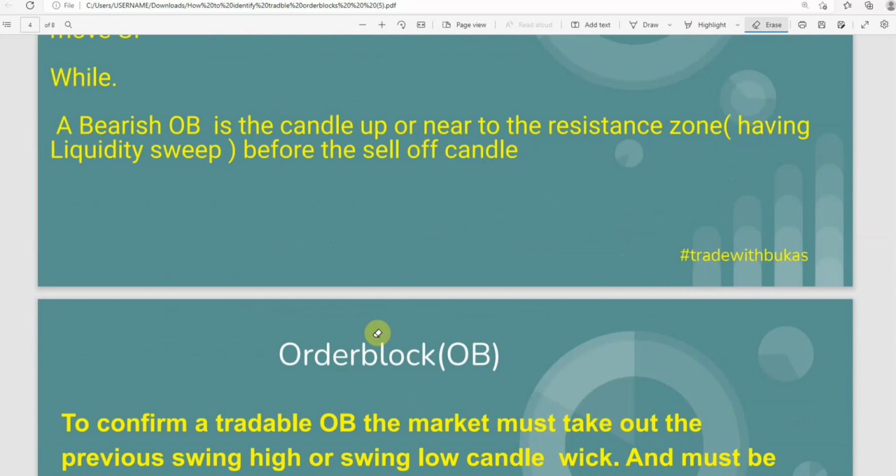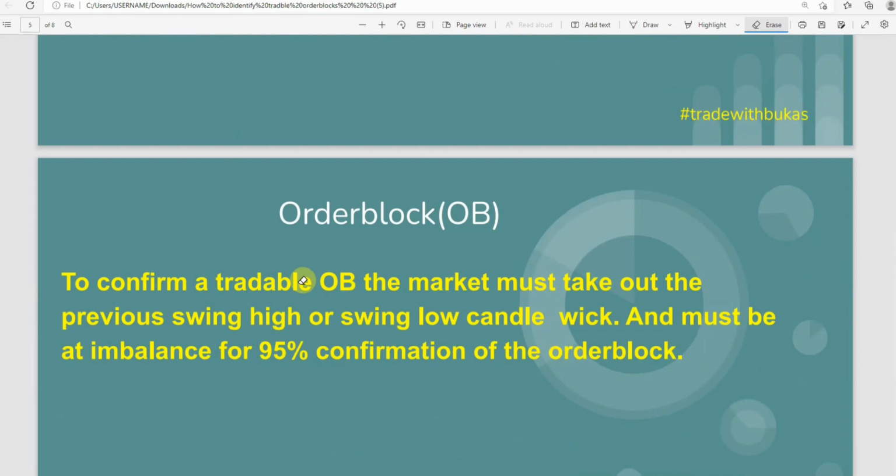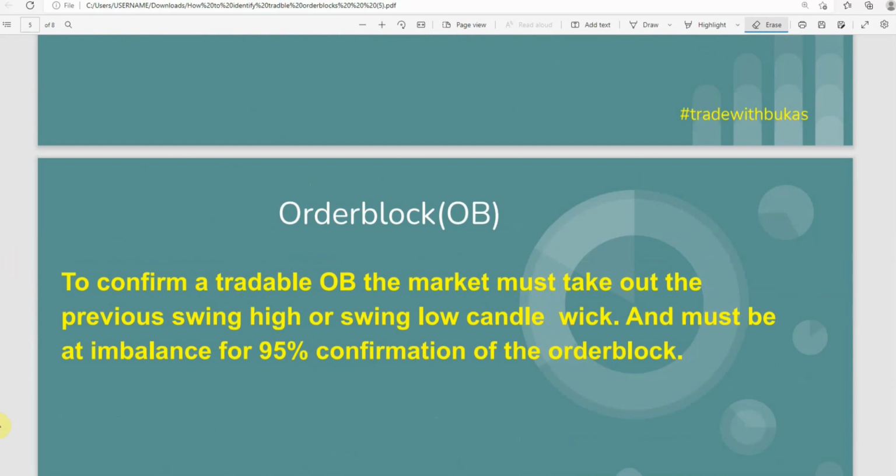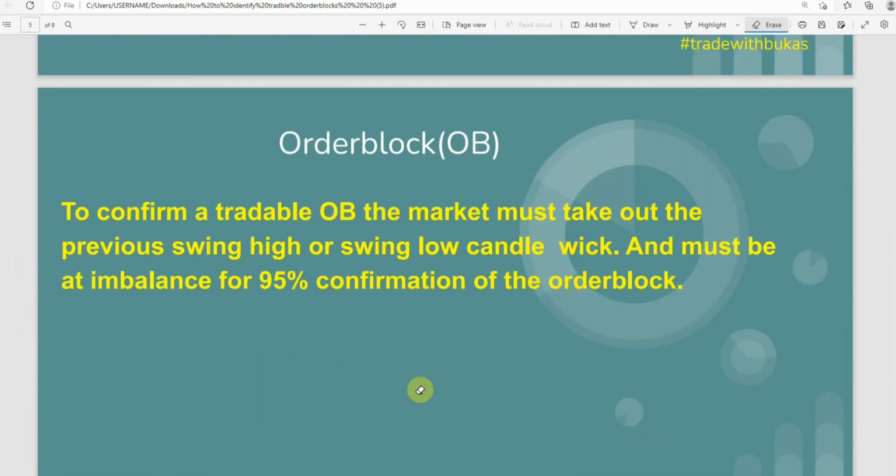It must be at a resistance level or at a supply level and must have a liquidity sweep before the sell-off candle. That is where you determine that this is a tradable order block. The second one, to confirm a tradable OB, the market must take out the previous swing high or low candle wick and must be at imbalance for 95% confirmation of the order block. I hope I was able to explain something good to you.